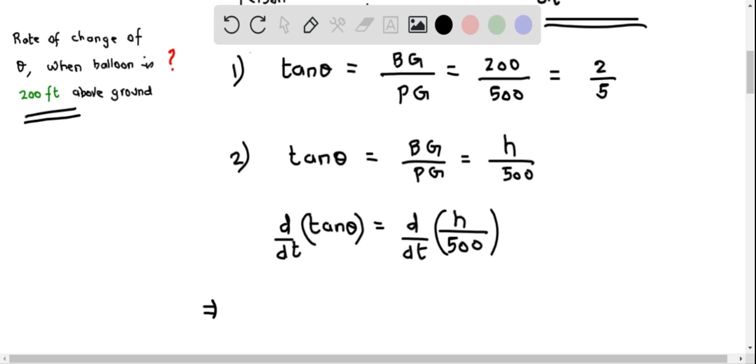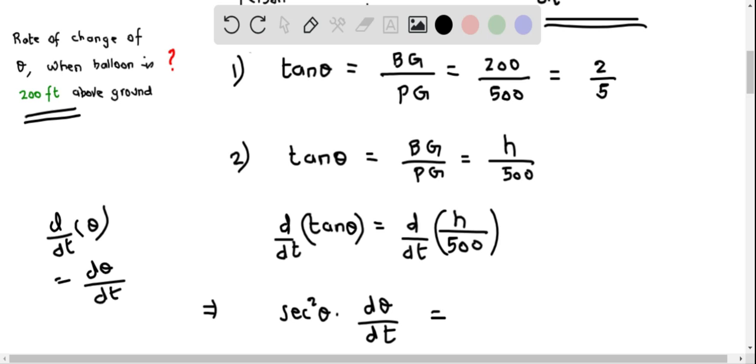Now we know that the derivative of tan theta is secant square theta, and we use the chain rule to find the derivative of theta. That is, d by dt of theta will be d theta by dt, which is the thing that we are going to find. So this gets multiplied with d theta over dt, and this is equal to, I can factor out the 1 by 500 and then find the derivative of h alone, which is dh over dt.